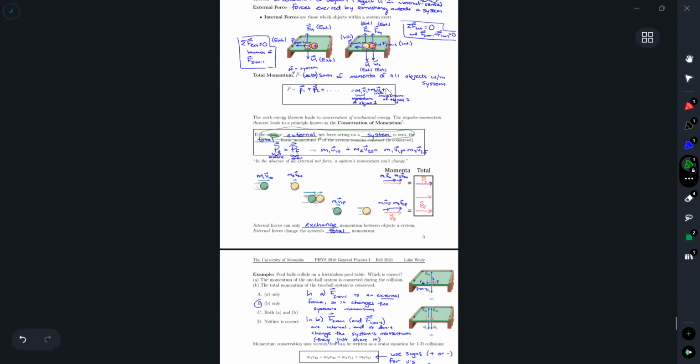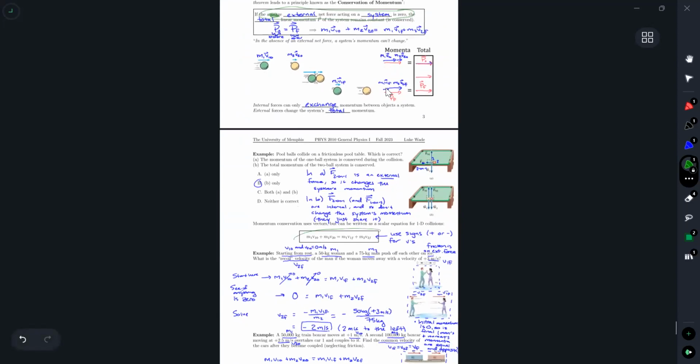Usually our system is the two things running into each other or pushing off of each other. So friction coming from the ground would be an external force that could change the system's momentum. If you see a problem saying ignore friction, but things are colliding, you don't want to use the impulse momentum theorem. You want to jump straight to conservation of momentum in that form right there.